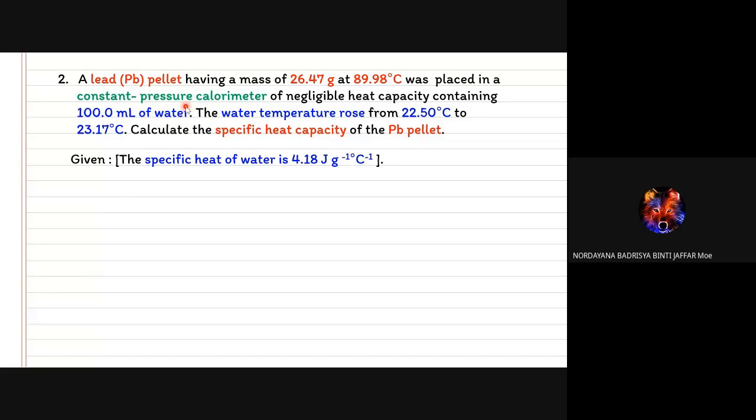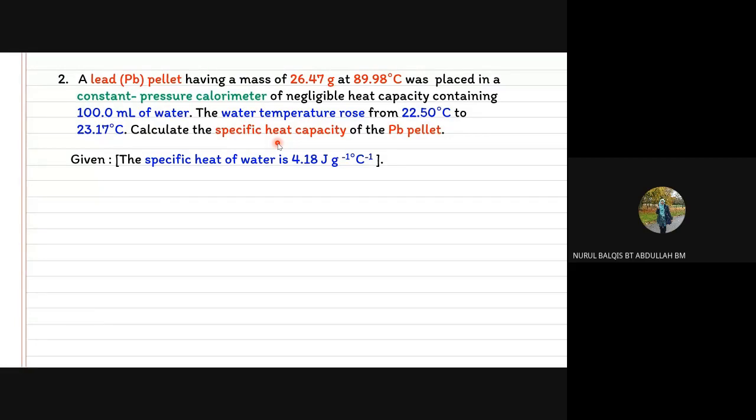Constant pressure calorimeter ni nama lain dia apa? Simple calorimeter, maksudnya the setup sepatutnya dekat dalam polystyrene. Tapi dia cakap of negligible heat capacity, maksudnya dia ignore heat capacity, C sahaja, containing 100 ml of water. Maksudnya dia ignore je yang calorimeter tu. Nanti awak tengok kenapa dia cakap macam tu.